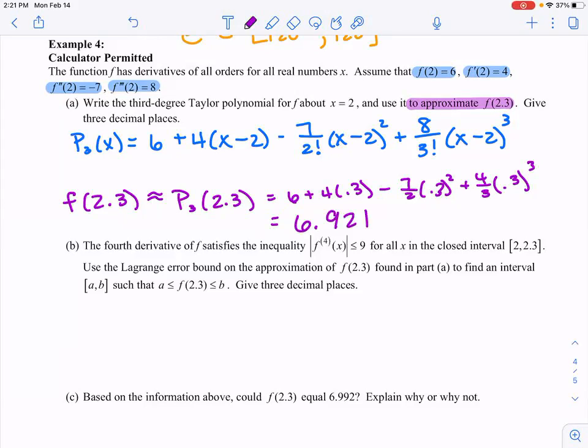Okay, the fourth derivative satisfies the inequality: the fourth derivative of f is less than or equal to 9 on that interval. Well, that's nice, right?